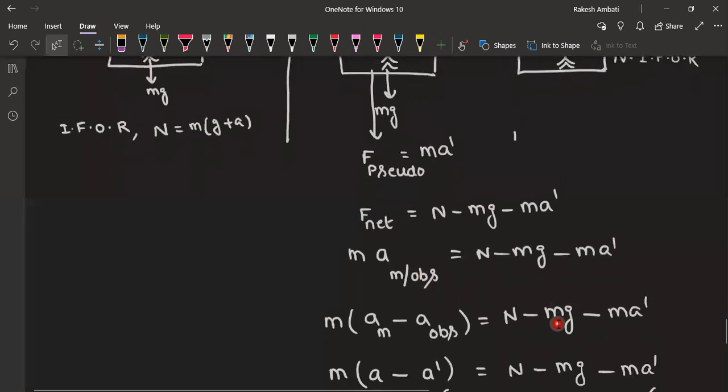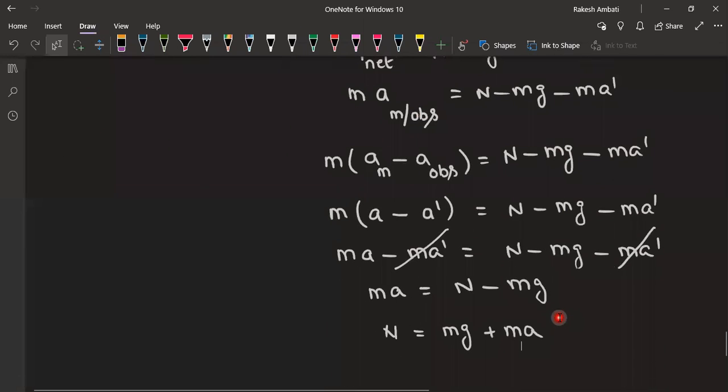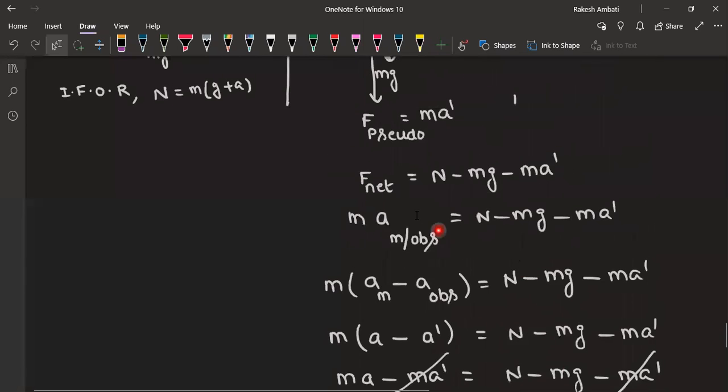Could you explain the step after F net? So F net equals resultant force, meaning mass into acceleration, correct? Now, is this resultant force acting on the man or on the observer? Acting on the man. Resultant force means mass into acceleration. But whose acceleration? The acceleration of the man.